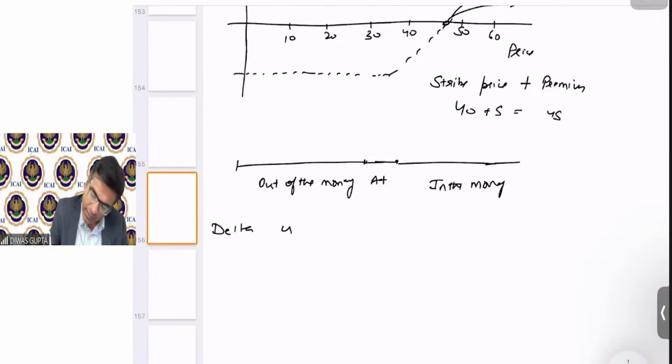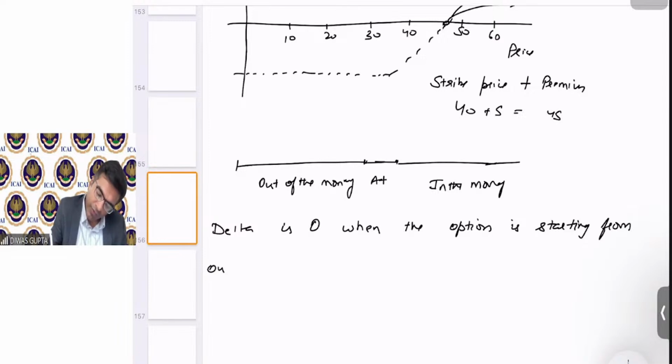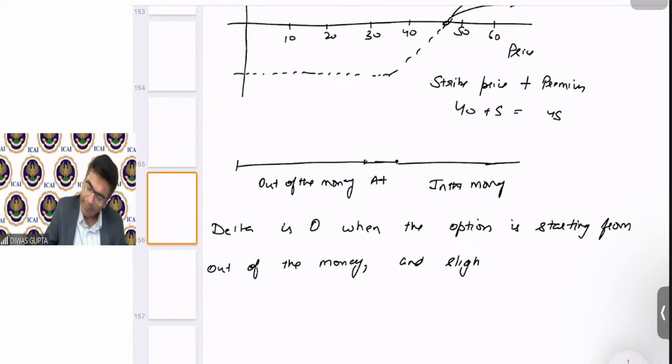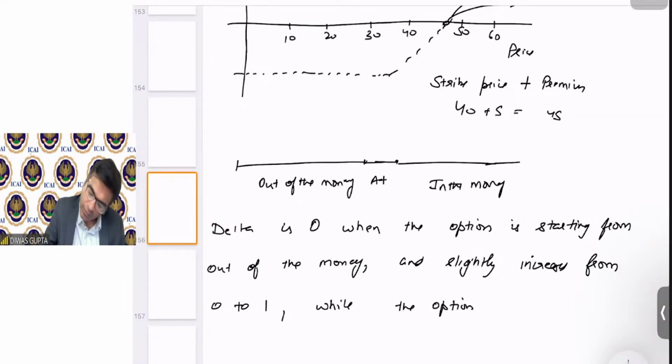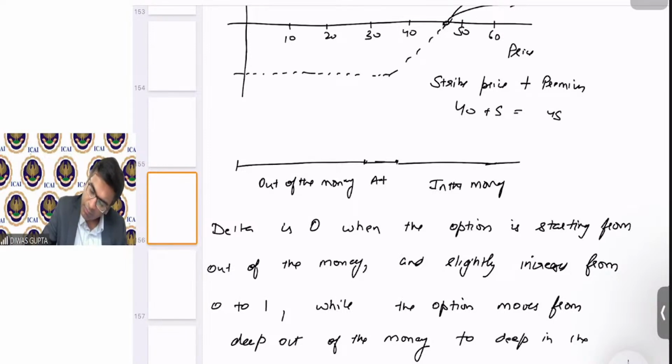So the delta is 0 when the option is starting from out of the money, and slightly increases from 0 to 1, while the option moves from deep out of the money to deep in the money.